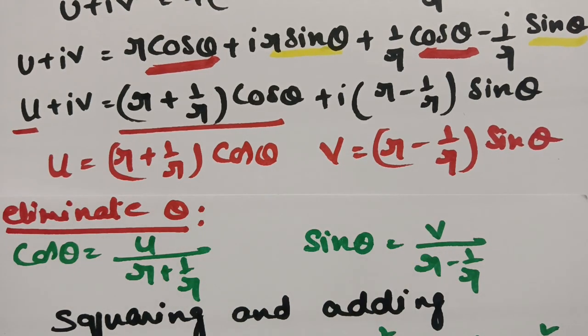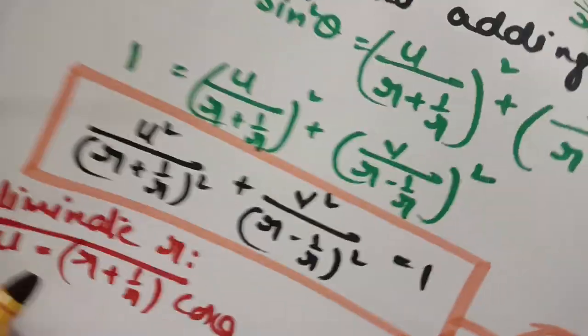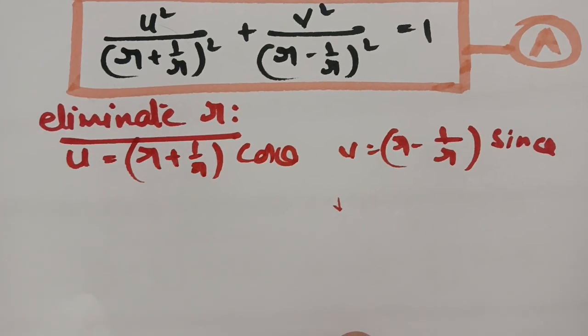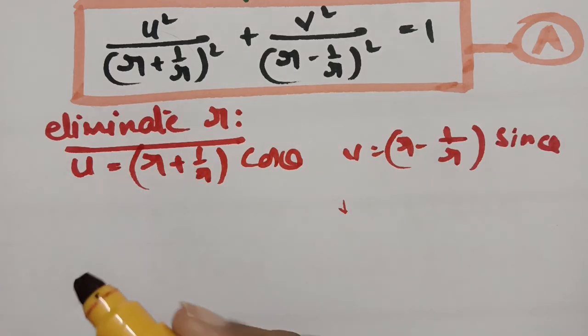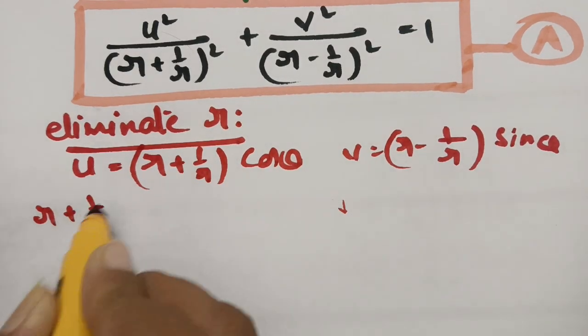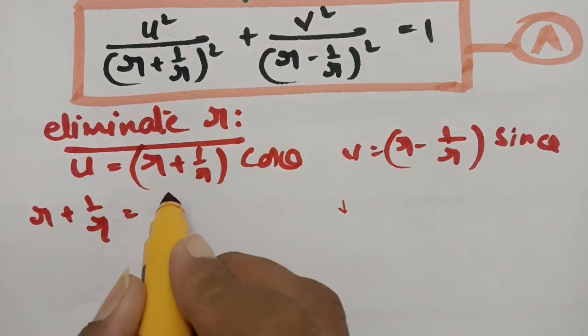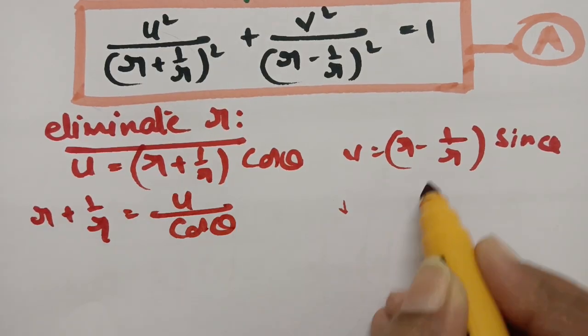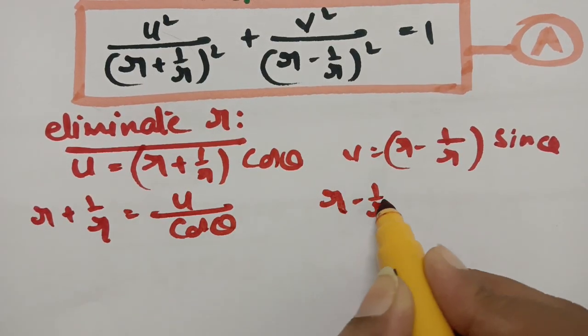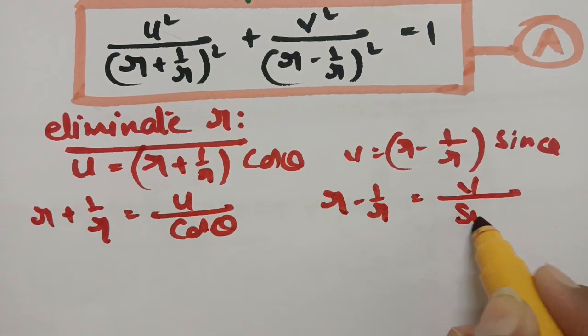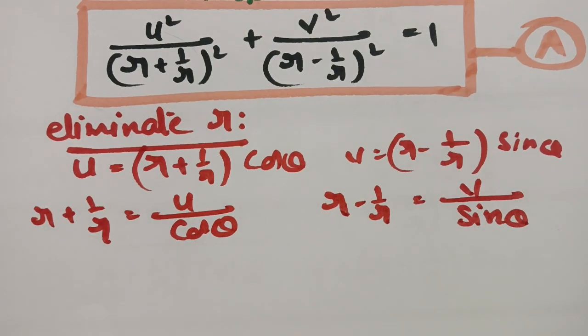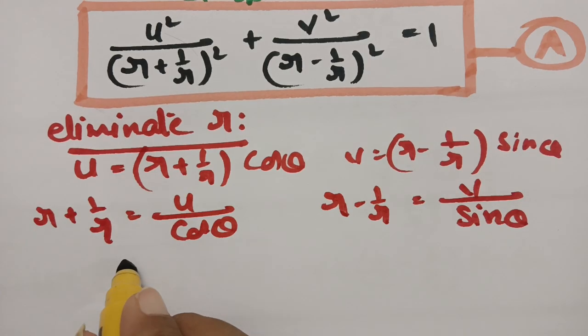These are the two equations we got from the question. So r plus 1 by r is equal to u by cos theta, and r minus 1 by r is equal to v by sin theta. Now in order to eliminate r, I am squaring and subtracting.